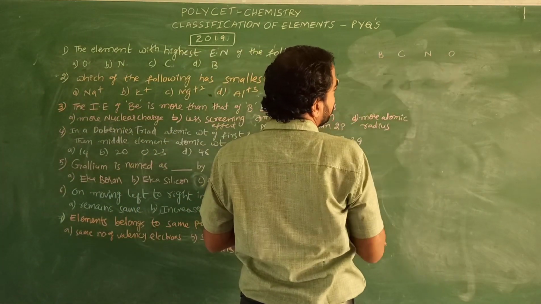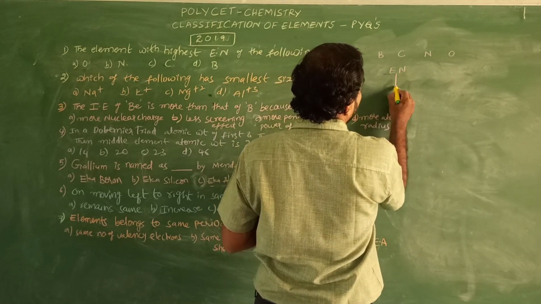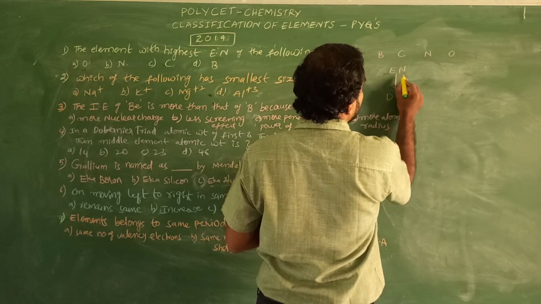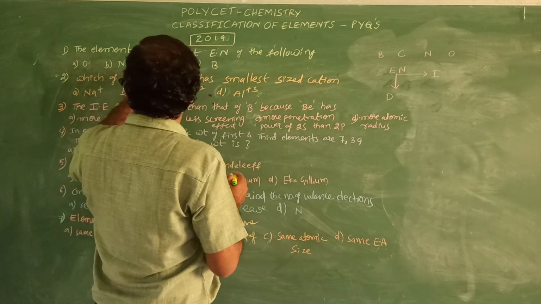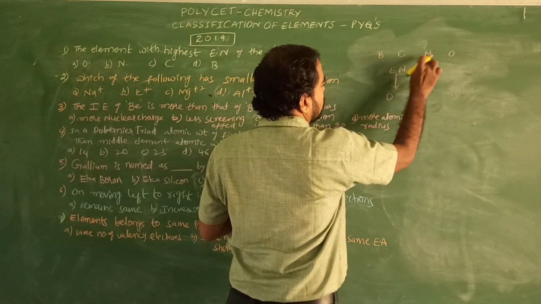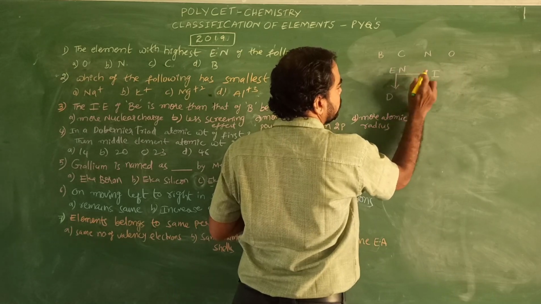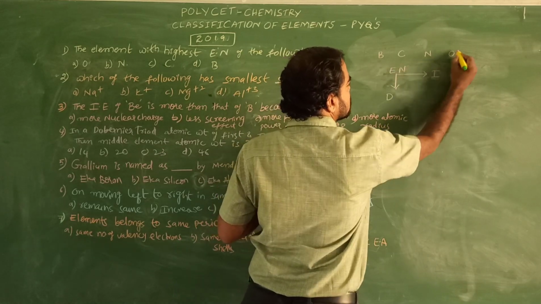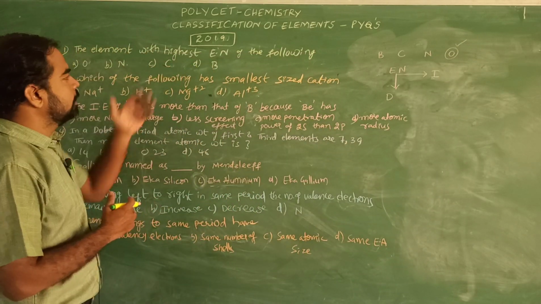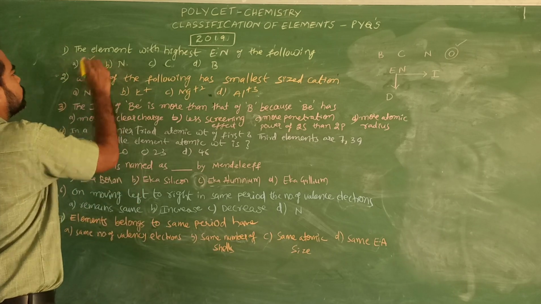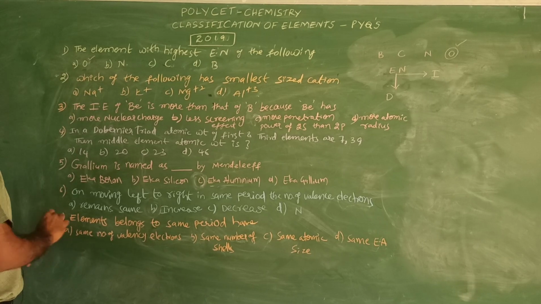Remember like this: EN, electronegativity, down the group decreases, whereas left to right increases. The elements in the period are boron, carbon, nitrogen, oxygen. Left to right electronegativity increases. So oxygen is more electronegative than the remaining elements. So the option is oxygen.